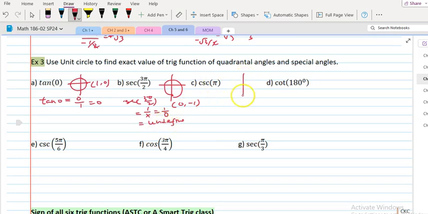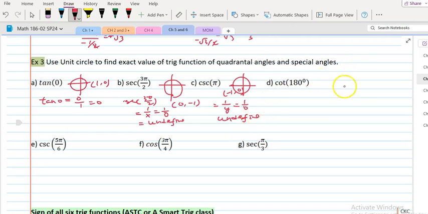What about cosecant pi? Pi is here. The unit circle point is negative 1 comma 0. Cosecant is equal to 1 over y. Again, y is 0. Again undefined. Really sorry.